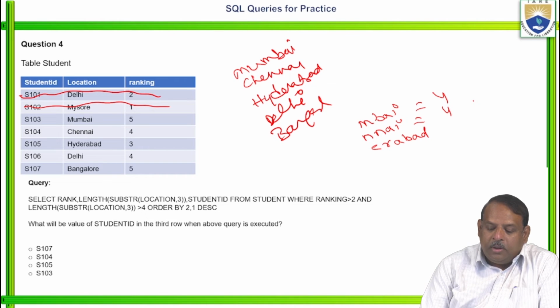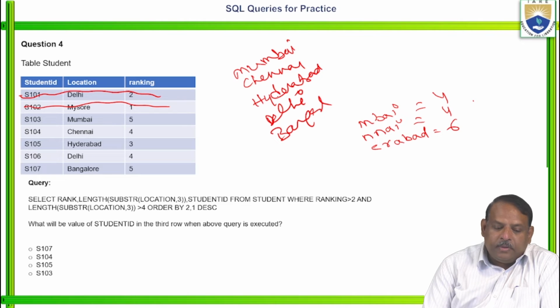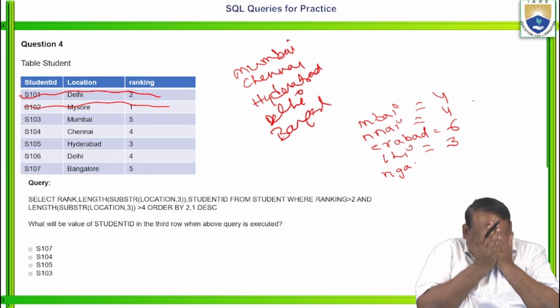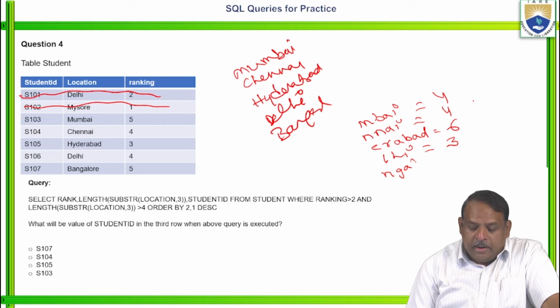So 1, 2, 3, 4, 5, 6 is 6. HYDERABAD, 9 minus 3, 6. Delhi is LHI. Delhi is 3. Bangalore, NGALORE, 1, 2, 3, 4, 5, 6, 7.